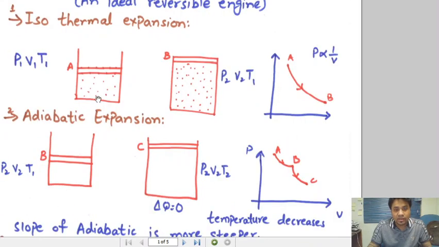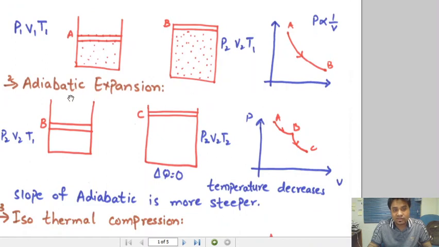Similarly, during the second process, that is the adiabatic expansion, your system is present at pressure P2, volume V2, and temperature T1. Since there is an adiabatic expansion, no heat can enter or leave the system. It means that whenever there is an expansion in the system, this will result in a decrease in temperature of the system.